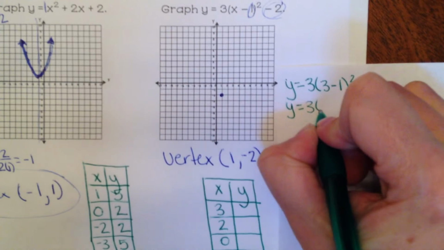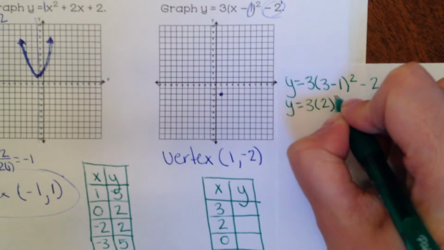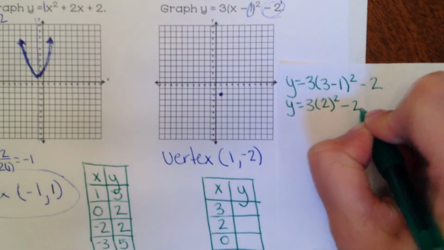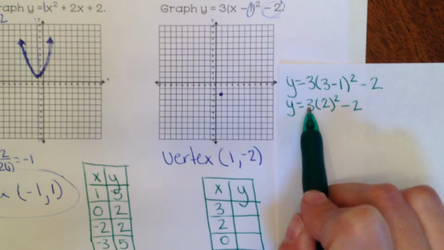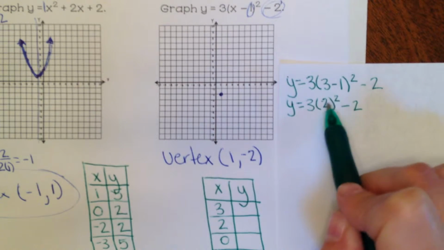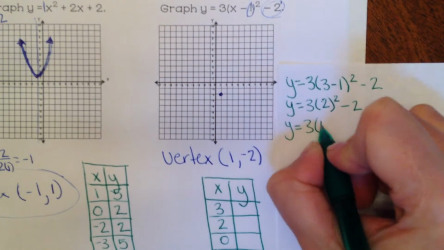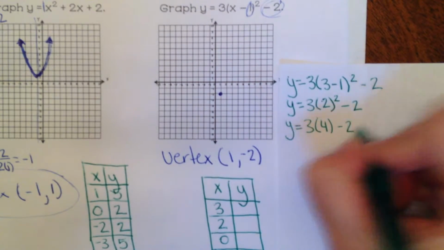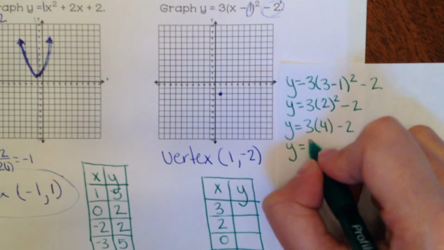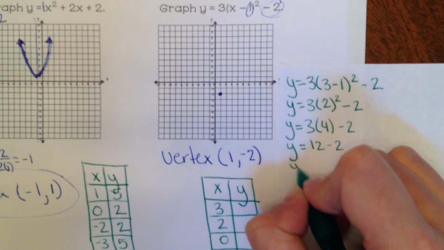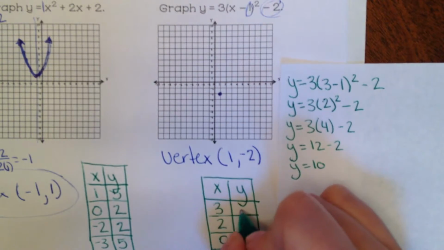So simplify inside the parentheses. 3 minus 1 is 2. That is squared minus 2. Common mistake would be to multiply right here, do 3 times 2, but you have to do exponents first. So we have 2 squared is 4 minus 2. 3 times 4 is 12 minus 2, and 12 minus 2 is 10. So when x is 3, y is 10.